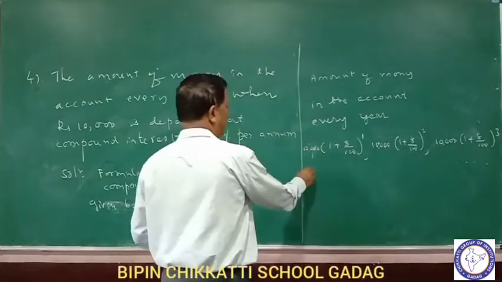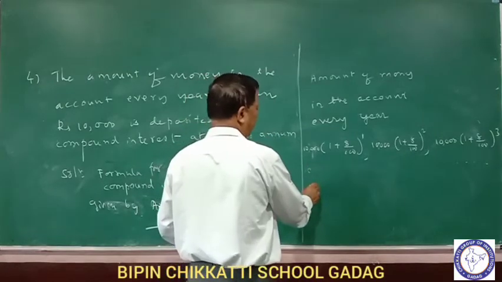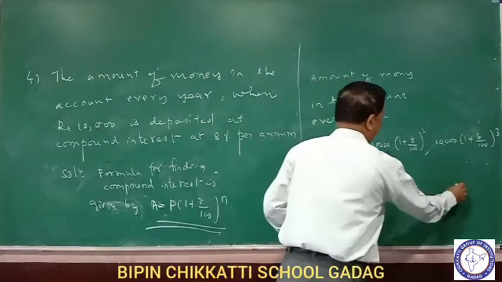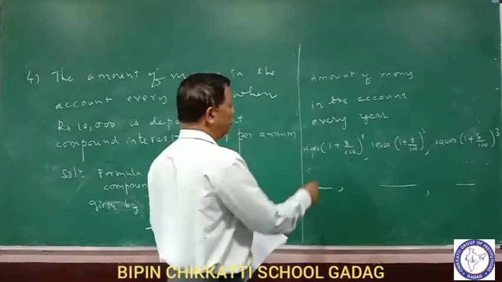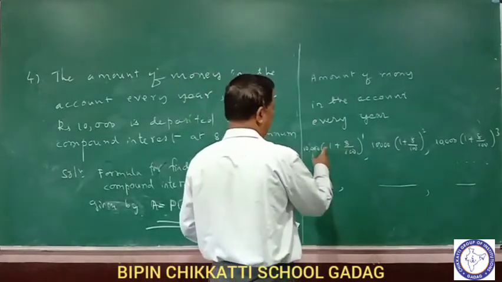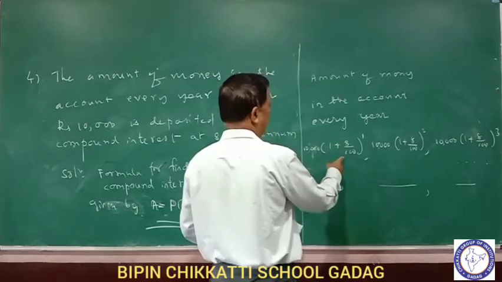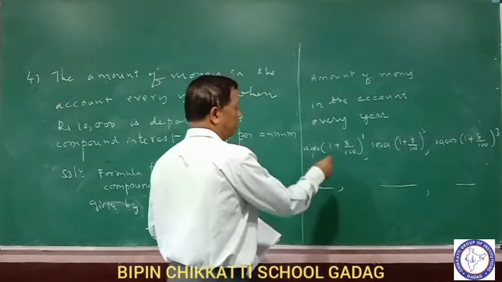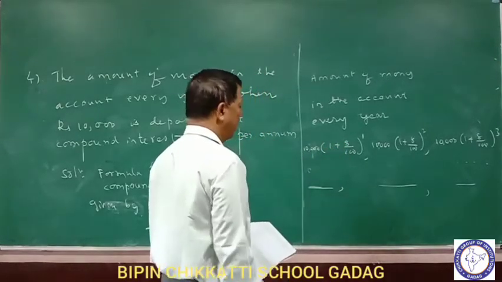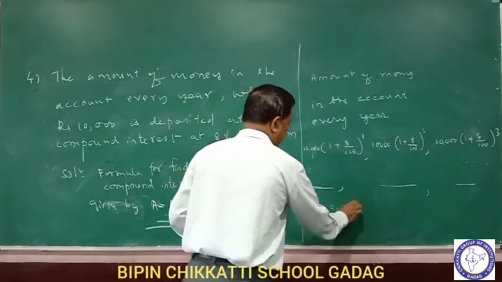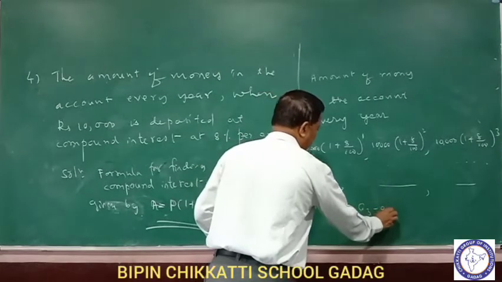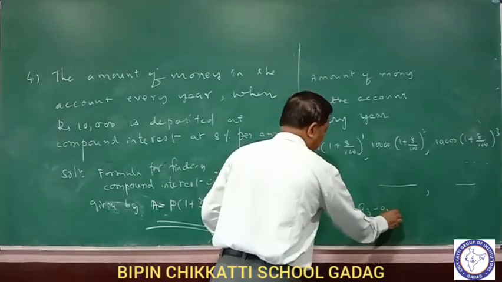Now you simplify the numbers. How do you simplify? 8 by 100, taking 108 divided by 100, you cancel and simplify and you will find the result. And here you have to see that A2 minus A1 is not equal to A3 minus A2.